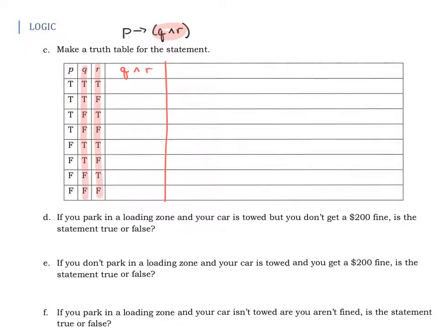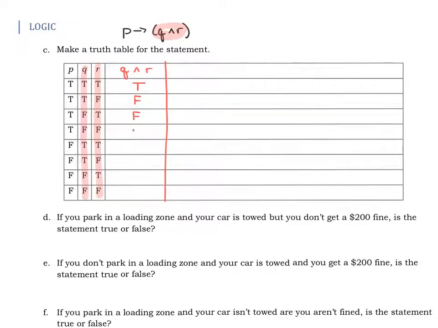When is an and statement true? An and statement is true when both of the simple statements are true. So what I'm looking for is a true, true that are highlighted, and that gives me a true. Okay, so I've got a true, true. That gives me, let me turn off the highlighter, turn on the pen, a true. A true false would be false. A false true would be false.